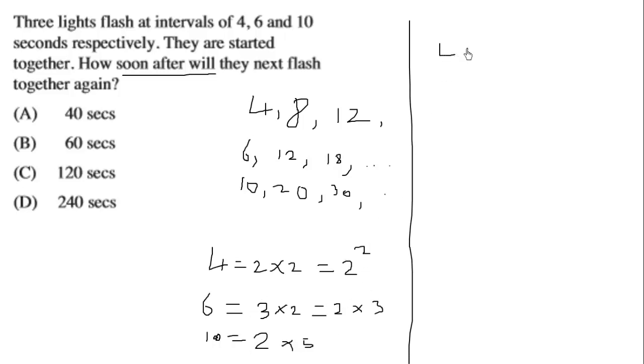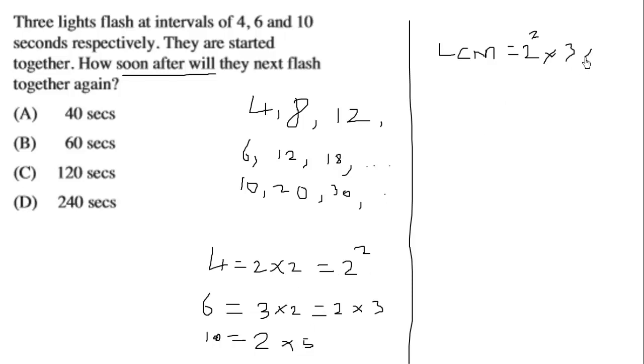So LCM will be equal to 2 exponent 2. Then for the next factor, which is 3, the highest is 3, because the one here is 3 exponent 0, this one is 3 exponent 0, and this one is 3 exponent 1. So times 3. Then 5 is also the highest.